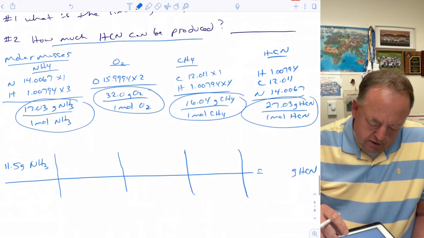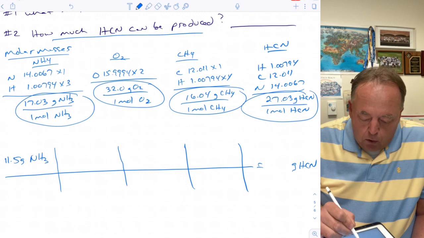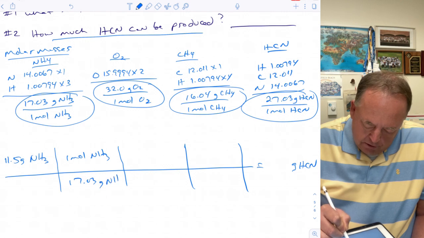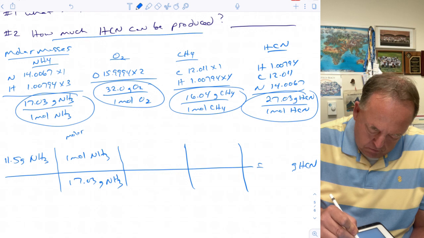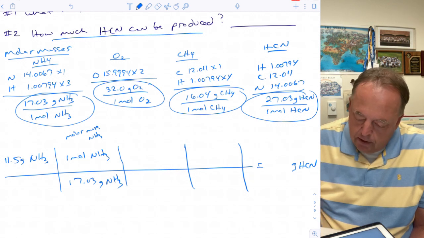Okay, so if we do that, 11.5 grams of ammonia, let's convert it to moles. So 1 mole of NH3 is 17.03 grams of NH3. That's where we use the molar mass. Then we're going to convert to moles of HCN.